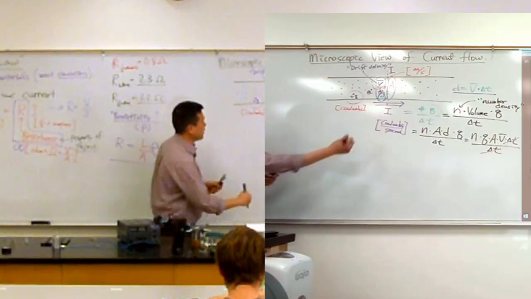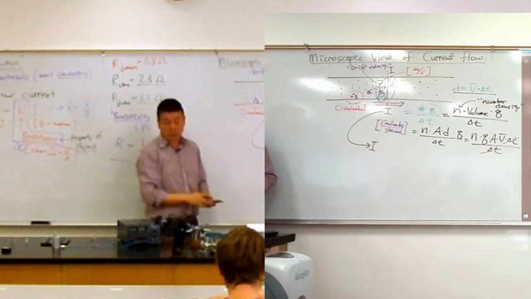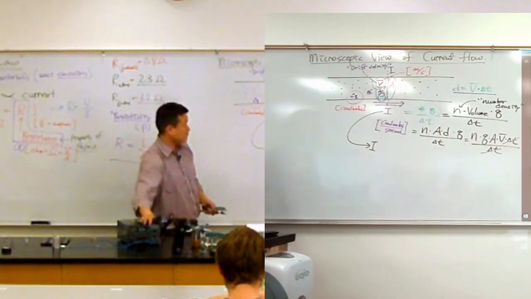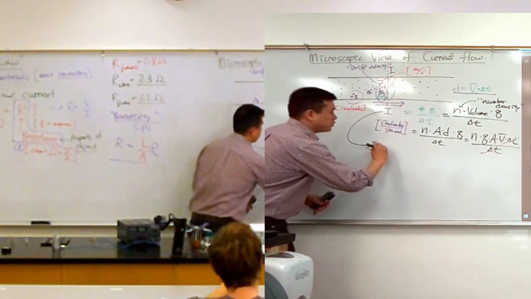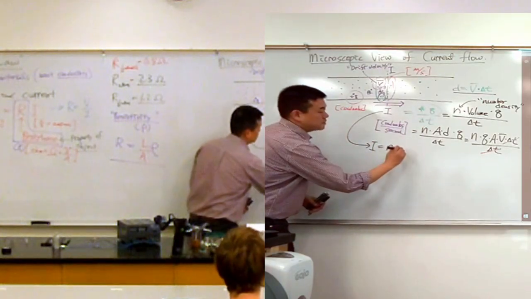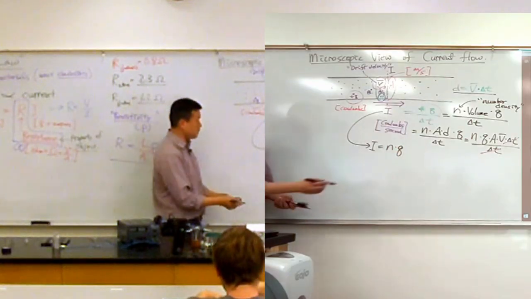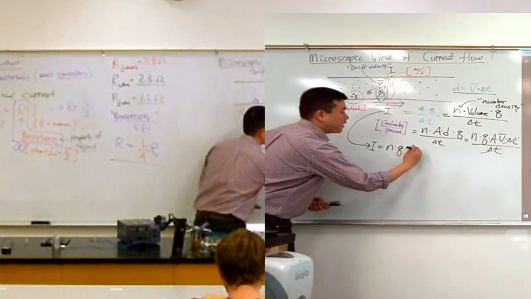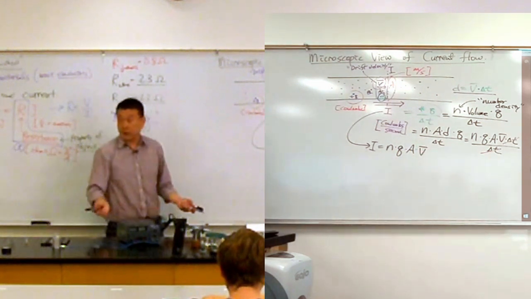When we are looking at some amount of current, I, that you can measure macroscopically, like using this power supply or some sort of current meter, that's going to equal charge density times the amount of charge per particle times cross-sectional area times the drift velocity of the particle.